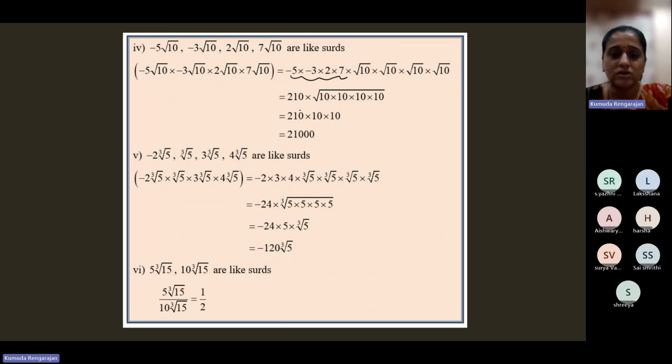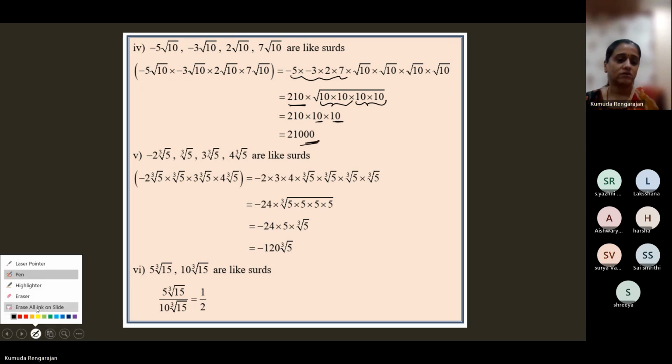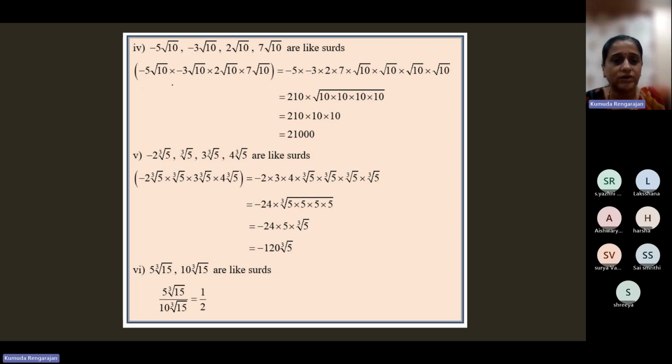So this product is 210. And here it will be the square root of 4 tens under the square root. From these two tens, 10 comes out of the square root. From these two tens, 10 comes out of the square root. And this is the product. So all these were irrationals, irrational, irrational, irrational, irrational.